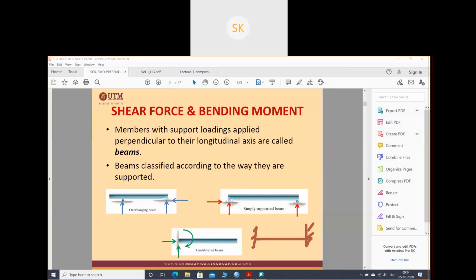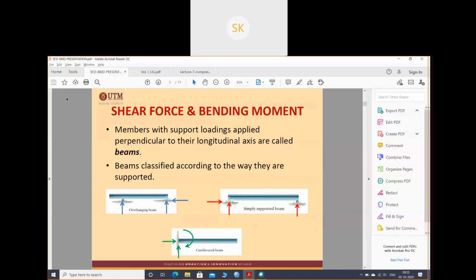With a pin, you have vertical plus horizontal. In a fixed support, you have three reactions: vertical, horizontal, and moment. That means this support resists vertical movement, horizontal movement, and rotation. Hope this part is clear.